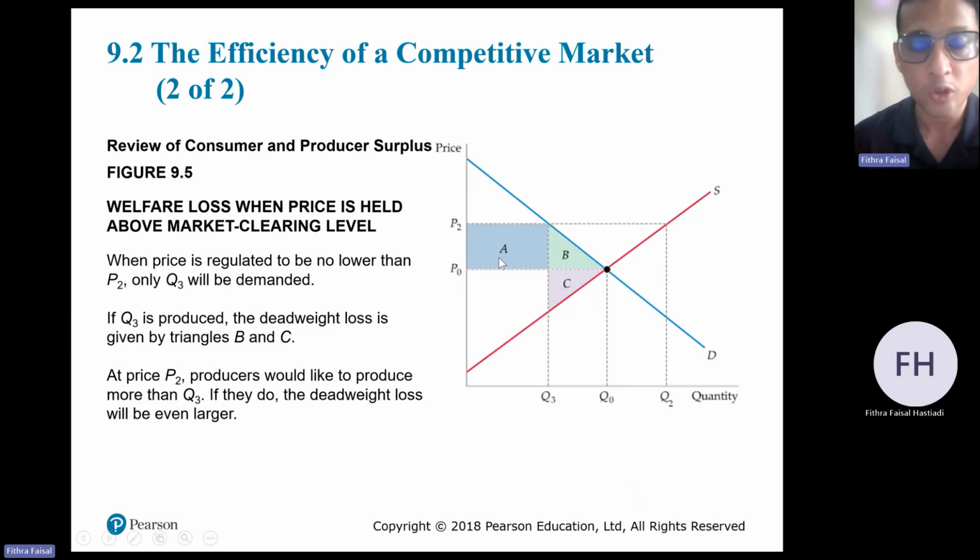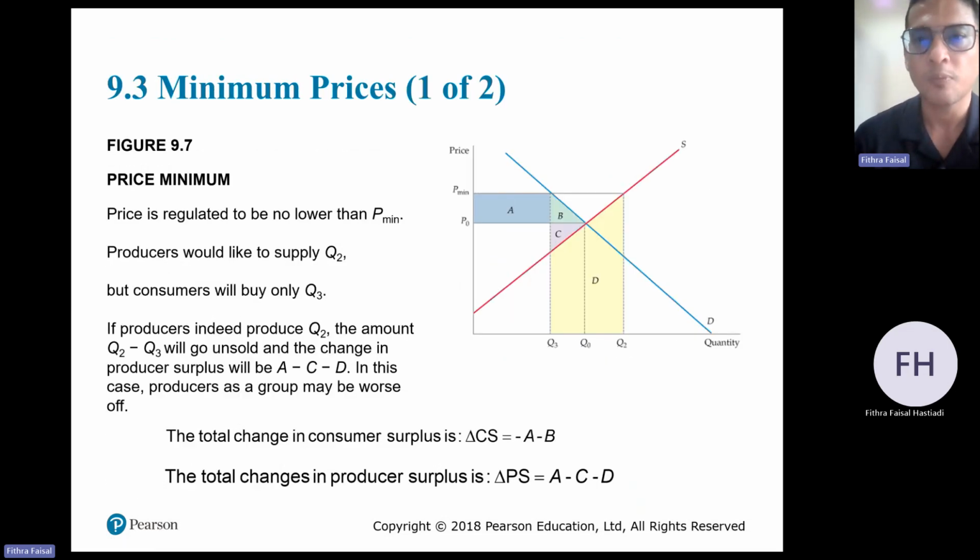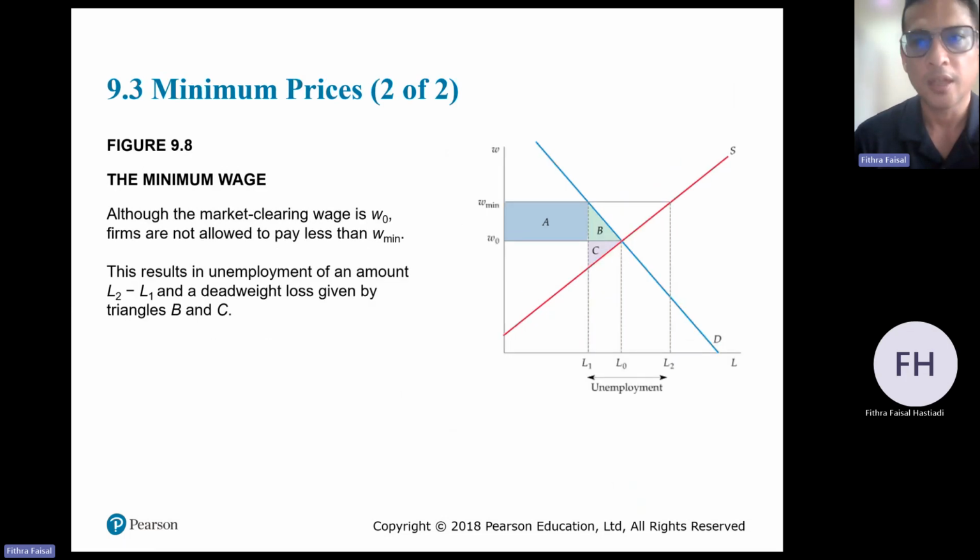The producer surplus is big enough to compensate for the deadweight loss. But if the producers try to produce more, up to point Q2 over here, the D area is offsetting and not matching the overall producer surplus. So all in all, the effect should be negative for the economy. The welfare effect should be negative.